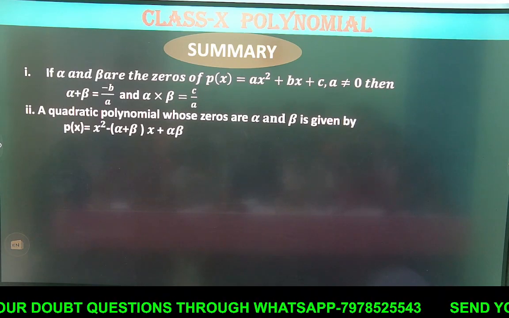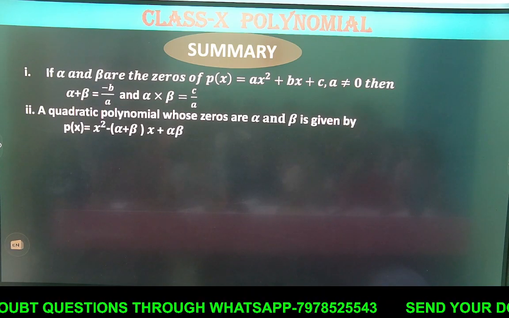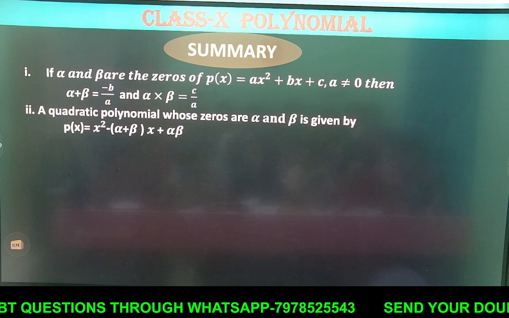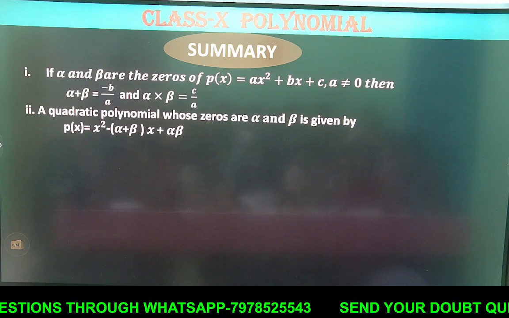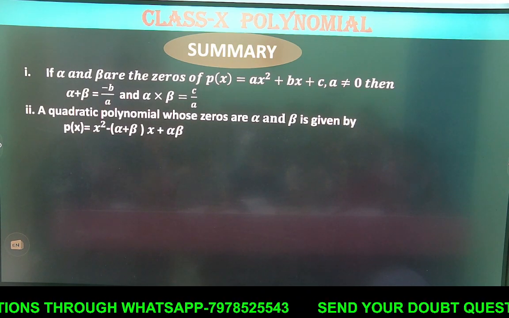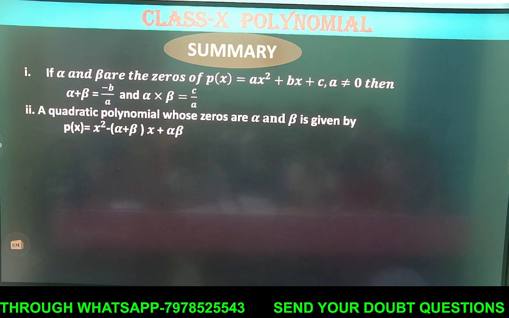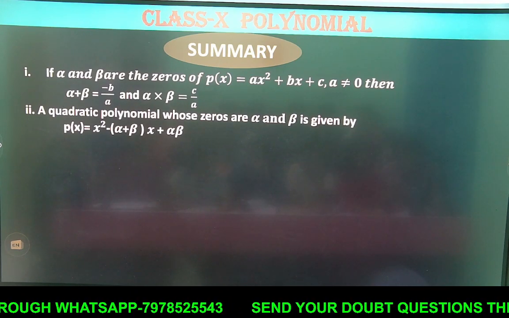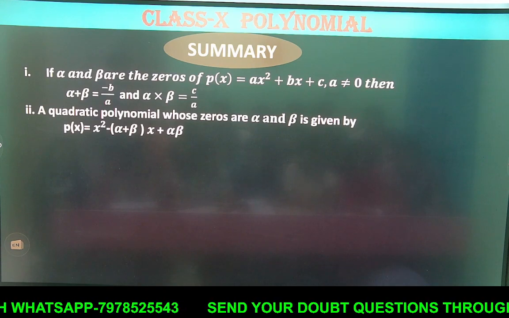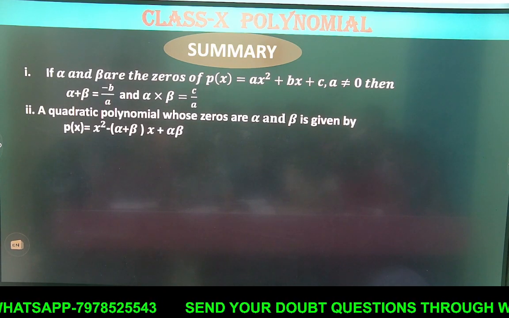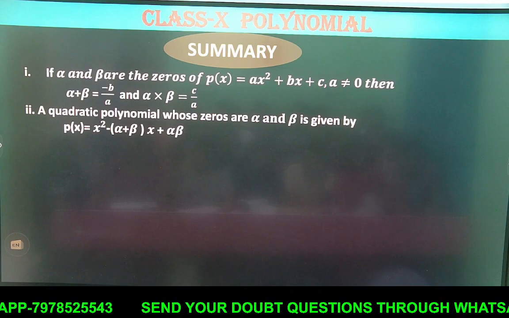What is the relation between zeros and coefficients of a quadratic polynomial? Sum of zeros, alpha plus beta, equals minus b by a, and product of zeros, alpha into beta, equals c by a.